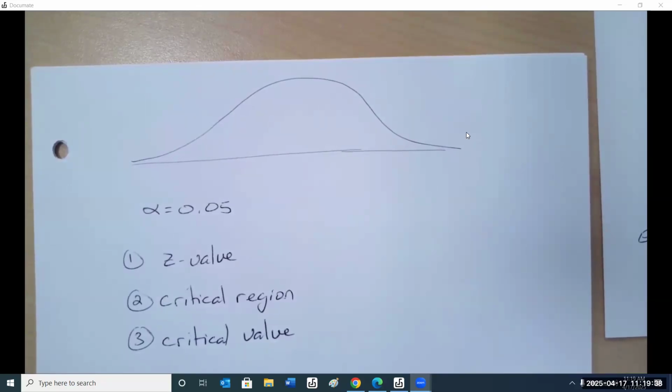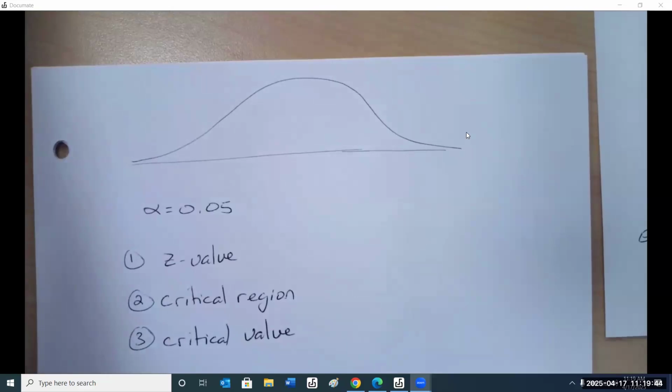Which table, Z or T? Yes, typically we use the Z table. When would you use the T table? Z can be two-tailed test also.